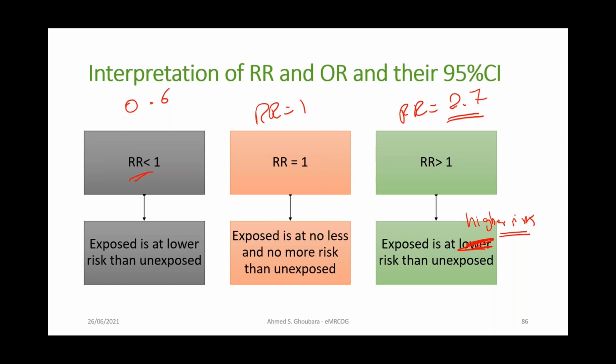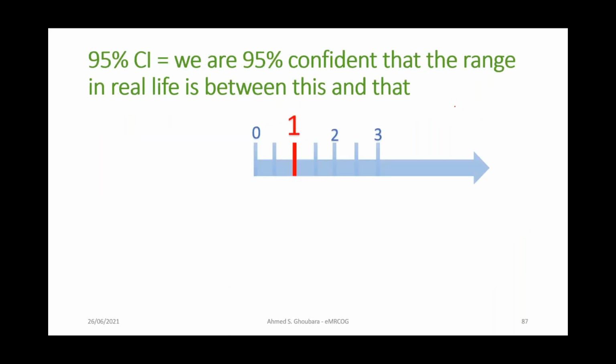All right. What about the 95% confidence interval? What is this? Just please, for the sake of the exam, if you say 95% confidence interval, here we are talking about the real world. We're not talking about your study, or the people in your study. We're talking about if you repeat your study in the whole population.